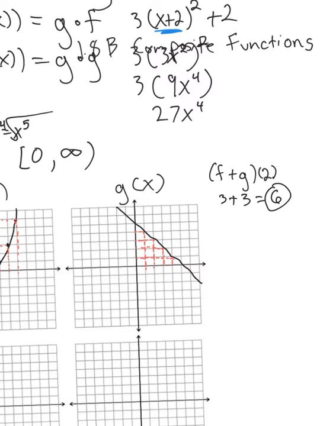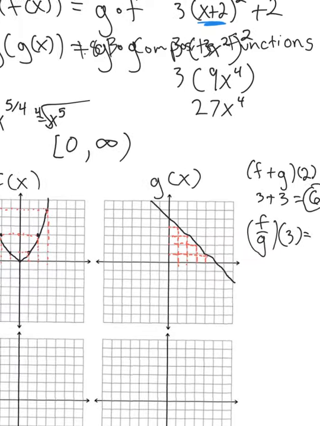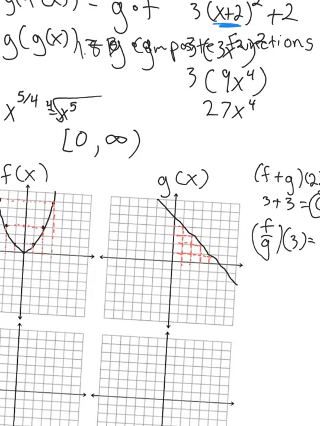Let's try another one. So let's say we want f divided by g of, let's say, 3. So then we're just going to go over 3 on our x and go up and see what that means. Over 3 for f, up, that goes 1, 2, 3, 4, 5, 6.